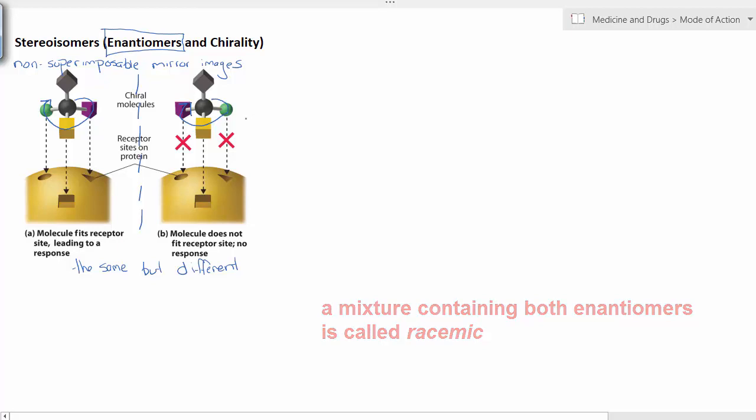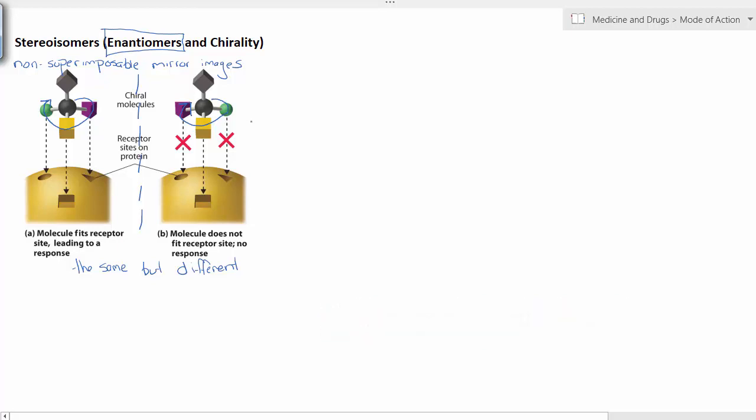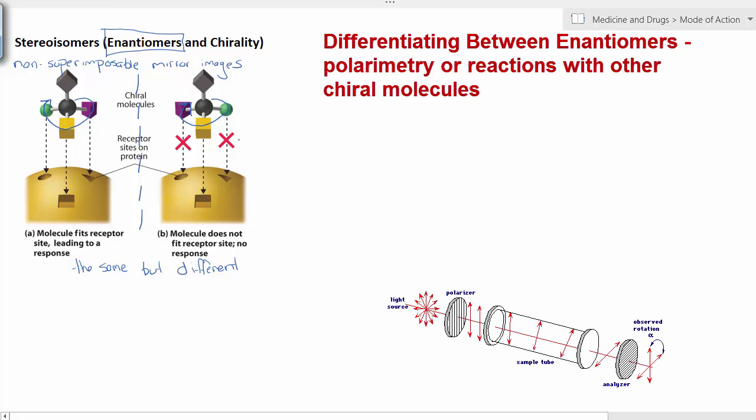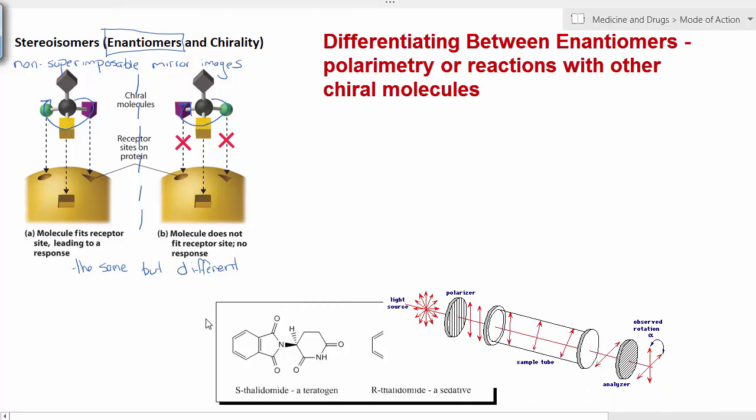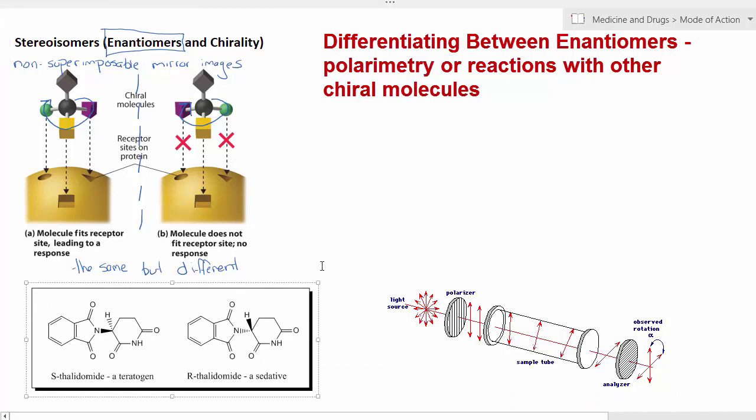So now, how can we differentiate between enantiomers? We can use what's known as a polarimeter, which essentially passes plane polarized light through a sample of the molecule, and the light will actually be rotated to the left or to the right depending on which enantiomer may be present. This can be demonstrated here with the thalidomide example.